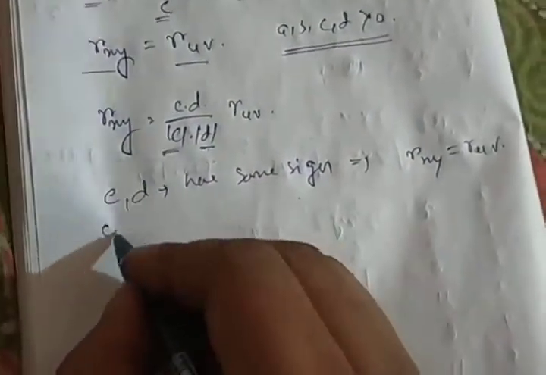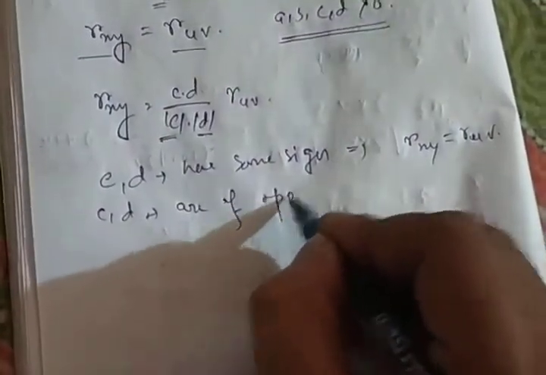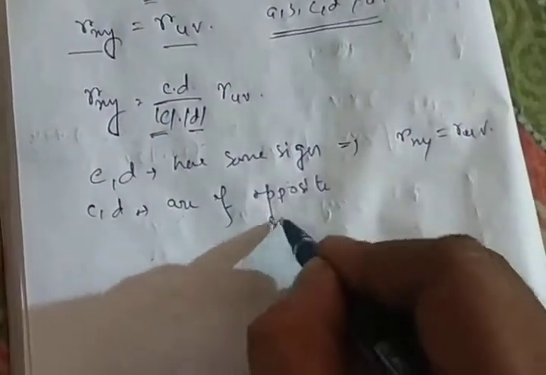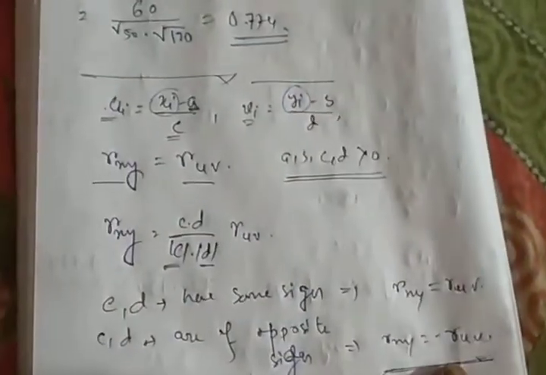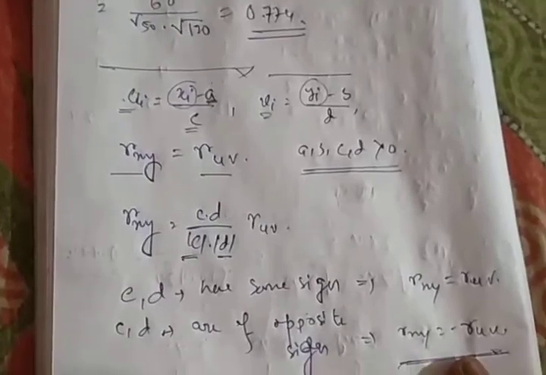If c and d are of opposite sign, then rxy equals minus ruv. If we take the scale as positive, then the correlation coefficient is independent of shifting of origin and shifting of scale. This is the first property.